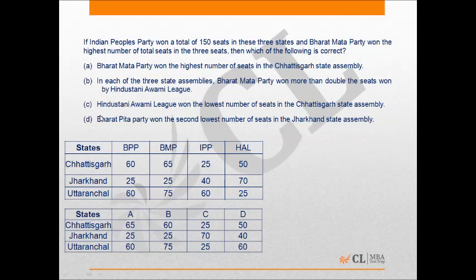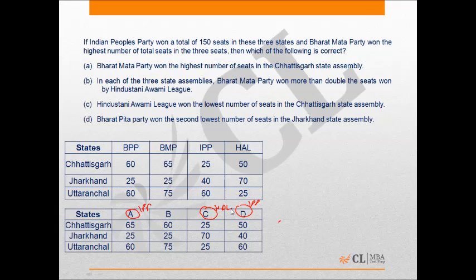won the highest number of total seats in the three states, then which of the following is correct? Now, if IPP won 150 seats, then we see that A, the party A, wins 150 seats, and so does the party B. So A is either IPP or B is IPP or D is IPP. Now C could have either been IPP or HAL based upon the table we drew in the first question.